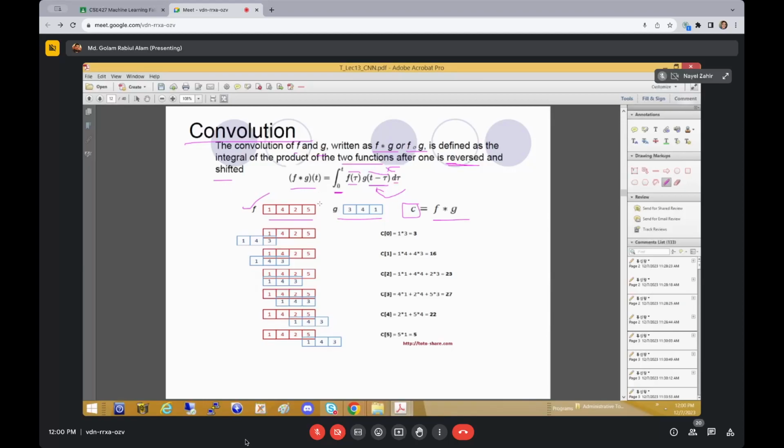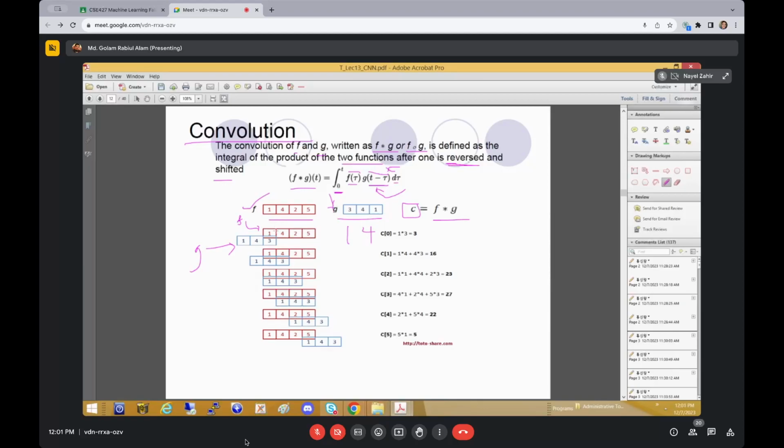To perform the convolution operation, we have to reverse one of the functions. Let's say we reverse g. So f stays as it is, and g in reverse will be 1, 4, and 3. This is f and this is g.